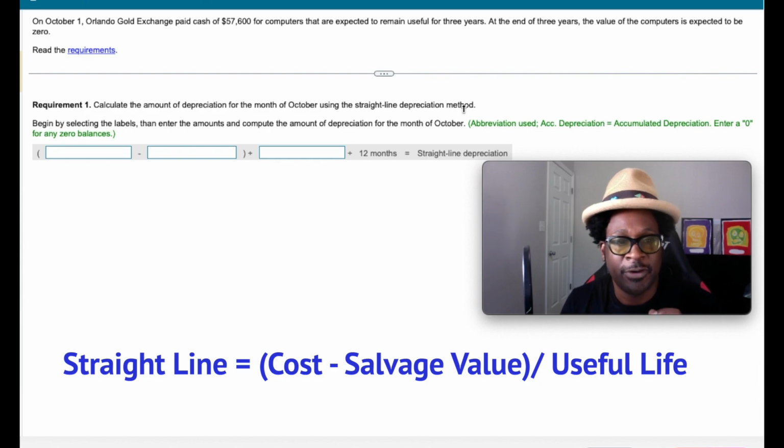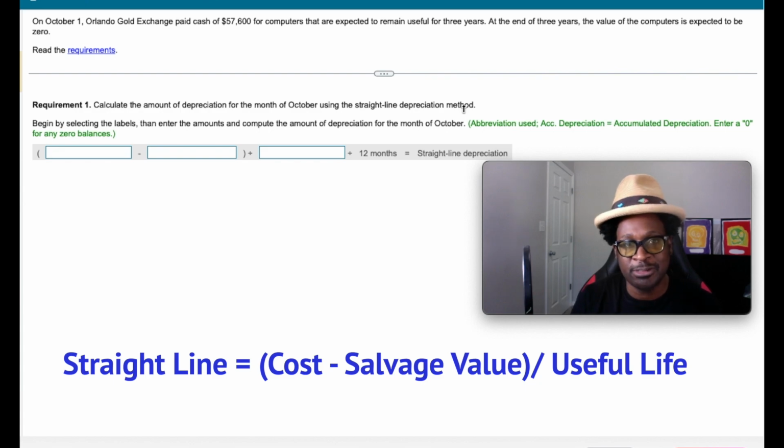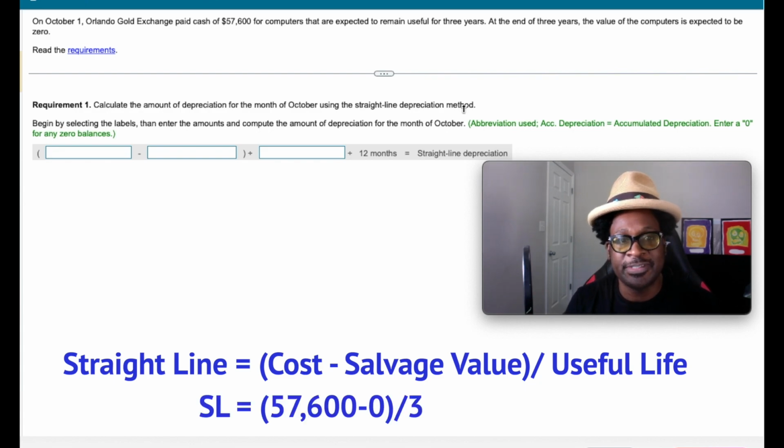So, for us to calculate depreciation expense for the month of October, we first have to calculate depreciation expense for the entire year. So what we're going to do is take our cost of $57,600, subtract the residual or salvage value, which in this situation is zero. Then we're going to divide it by the 3 years. Once we do that, that'll give us our depreciation expense for the year.